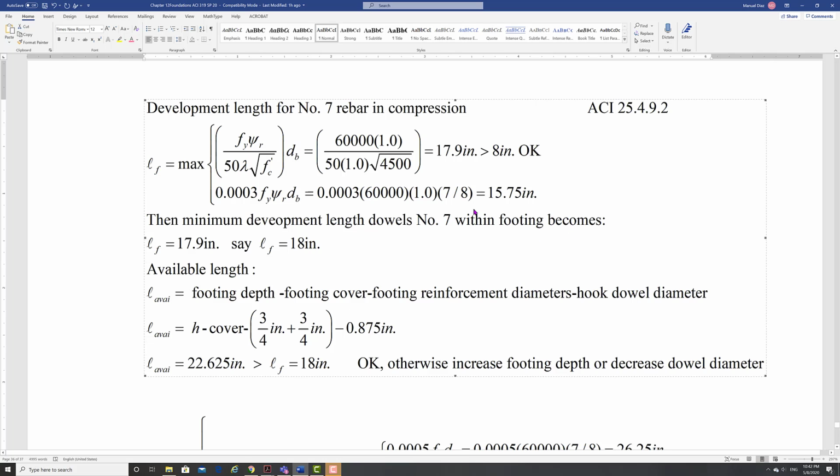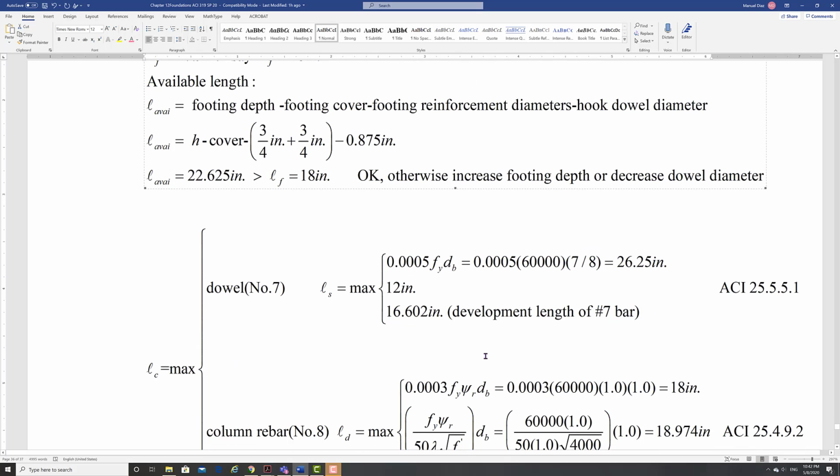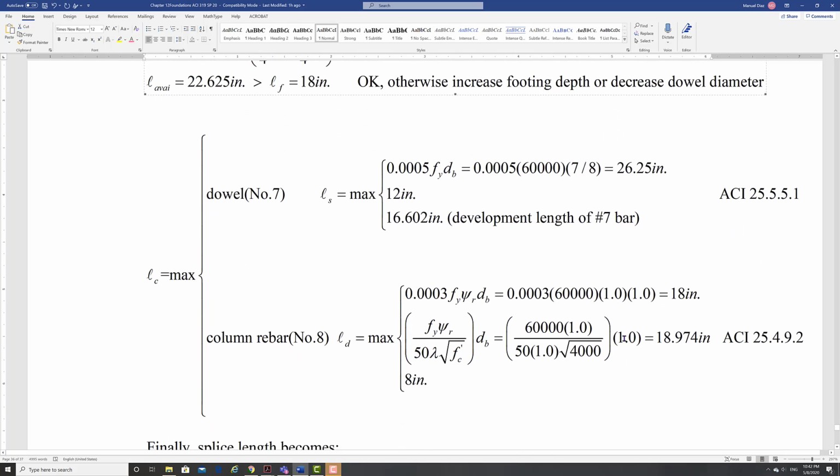Next, we need the splice on the top. We're having number 7 bars and number 8 bars. I did this on purpose because that way you can use that requirement in ACI 318. You have different bars, so you need to find the development length of the larger bar and your splice length for the smaller bar.